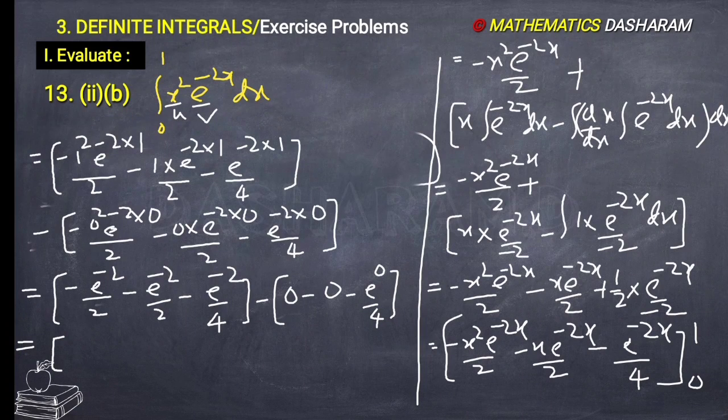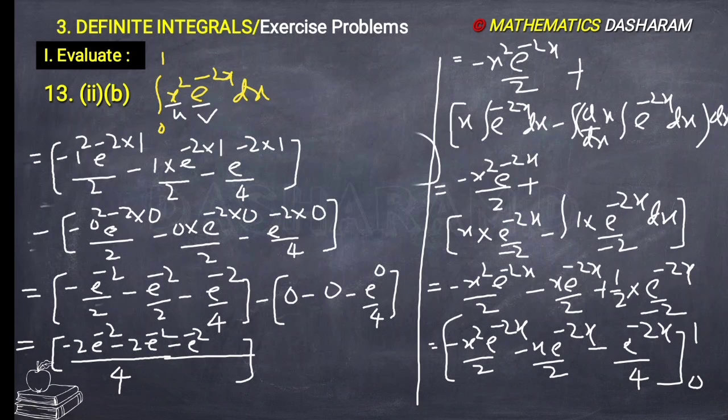So it is equals to the total LCM 4, then minus 2 into e power minus 2 minus 2 into e power minus 2 minus e power minus 2 minus e power 0 is 1, so minus 1 by 4.